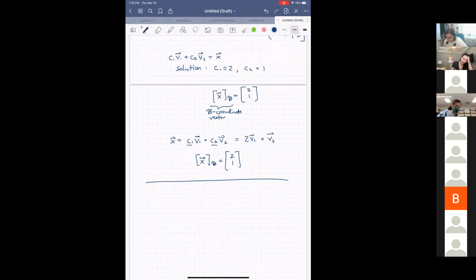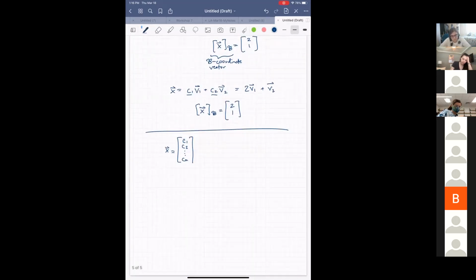Yeah. So given a vector in Rn, say it has coordinates C1, C2 up to Cn, then the standard basis, remember, is E1 up to En, and these numbers give you the representation. So C1 times E1 plus C2 times E2 plus up to Cn times En, right?